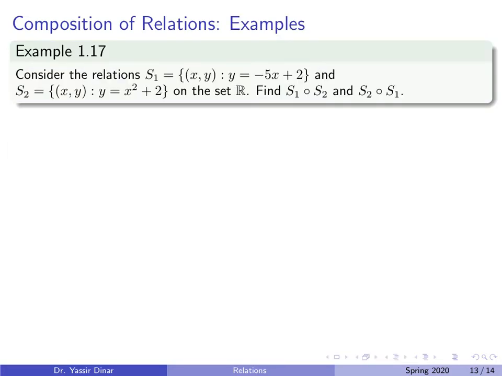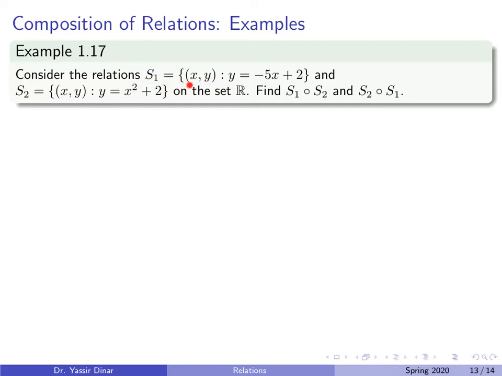Let's take another example of finding the composition of relations, but this time we take relations which are infinite. So I define my relation S1 from the real numbers to the real numbers.